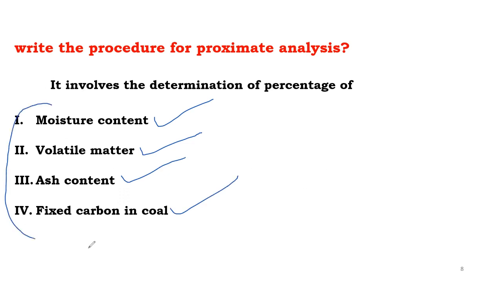So proximate analysis gives the percentage of moisture, volatile matter, ash content, and fixed carbon present in a coal.